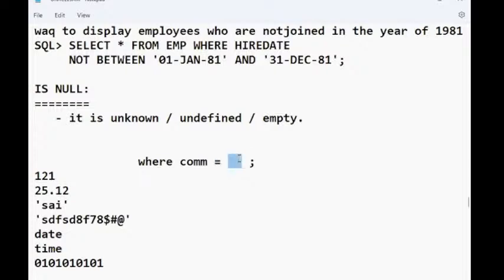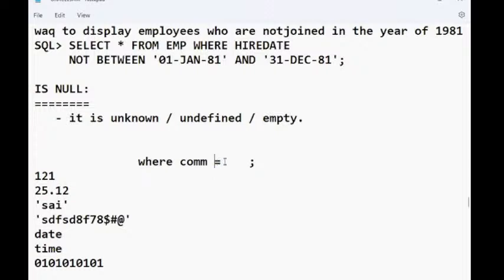But here have I given any value? No, it's just empty, I left it empty. Whenever you use the equal operator, there should compulsorily be some value, but here I'm not giving any value.